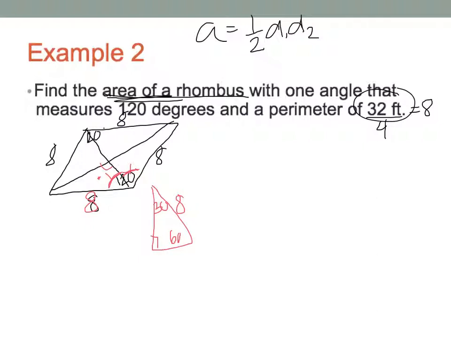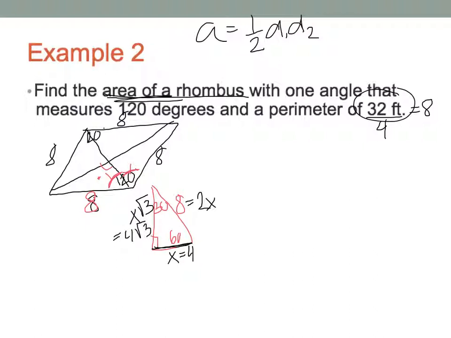Now, if this side here equals 2x, and this is x, and this is x root 3, I'm going to get x equals 4. So half of one diagonal is 4. And I'm also going to get that this side is 4 root 3.